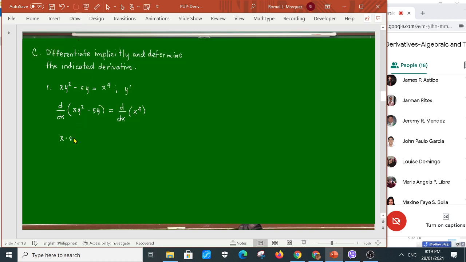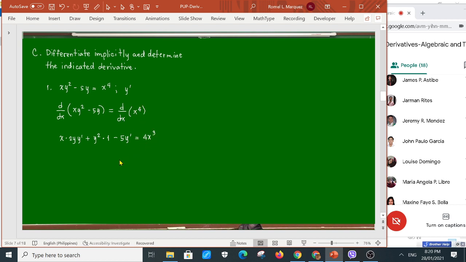The derivative of y squared is 2y, but you have to multiply by y prime because we are differentiating relative to x and the dependent variable is y. Plus the second, y squared, times the derivative of x, which is 1, with no x prime because x is independent. Minus 5 times the derivative of y, y prime. What about the right side?